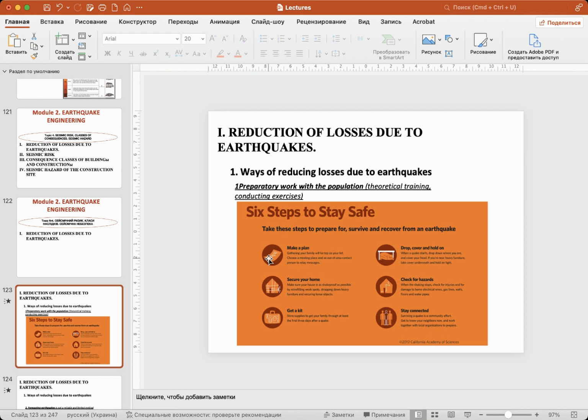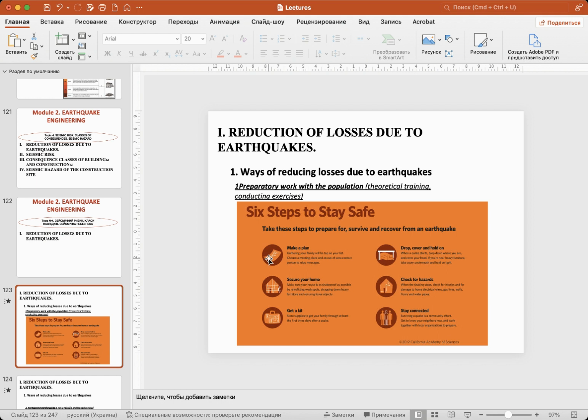So it is important to use earthquake-resistant solutions in the interior finish. Oh, by the way, even furniture can be hazardous to human beings inside of the building during an earthquake.